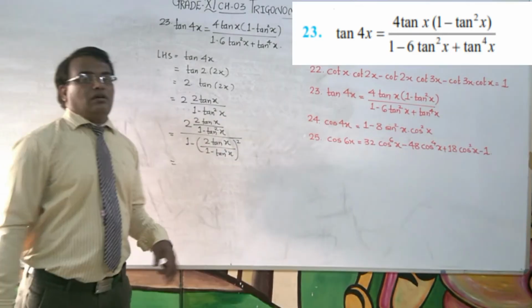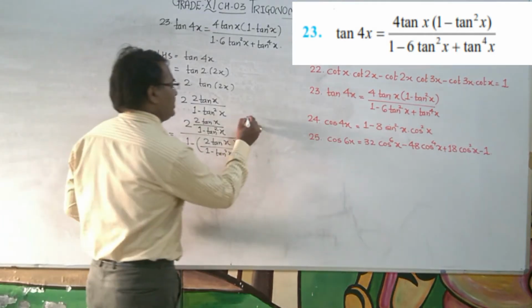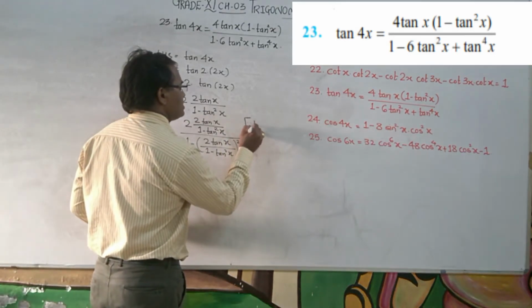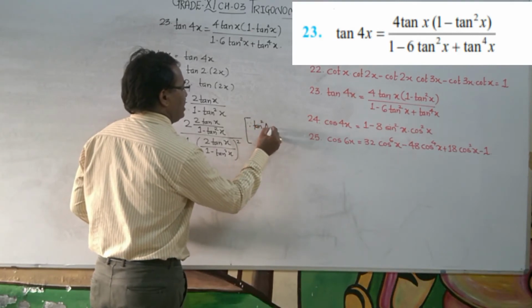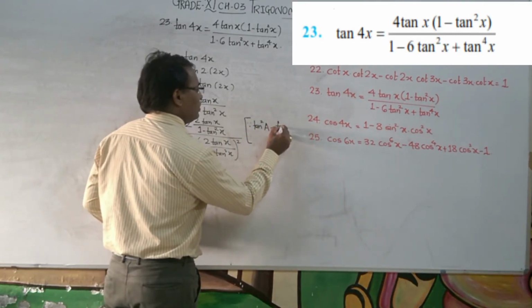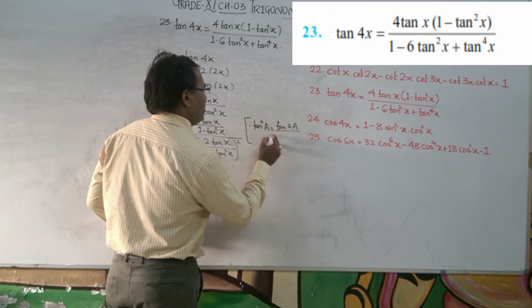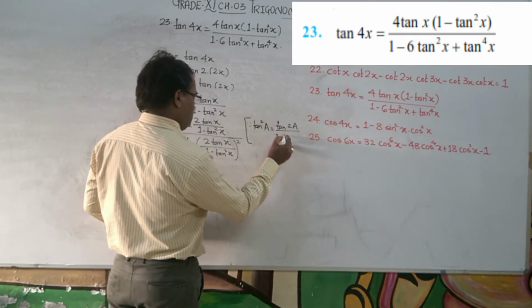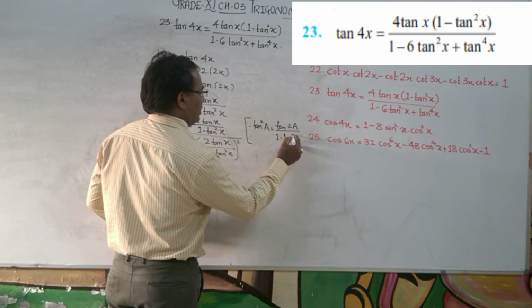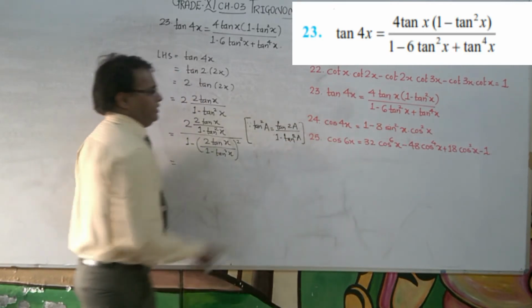Now here the reason you can write this is, since tan 2a is equal to 2 tan a upon 1 minus tan square a.